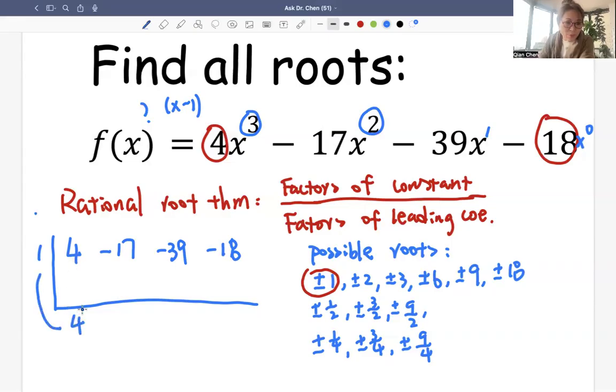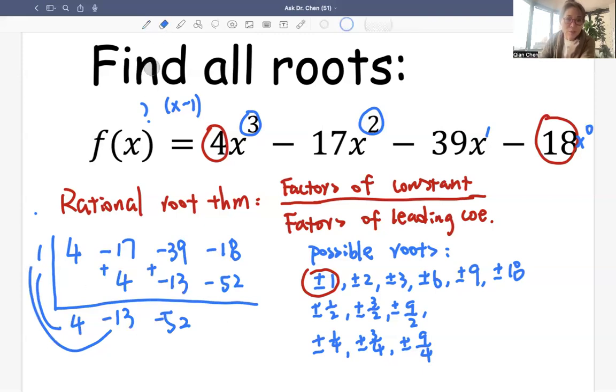Then we multiply 1 with 4, we get a 4 over here. Then add those two numbers, we get negative 13. Multiply 1 with negative 13, put it down here, add those two numbers, we get negative 52. 1 times negative 52 is negative 52, and we add those two numbers, not 0. So we know 1 is not a root of this function.